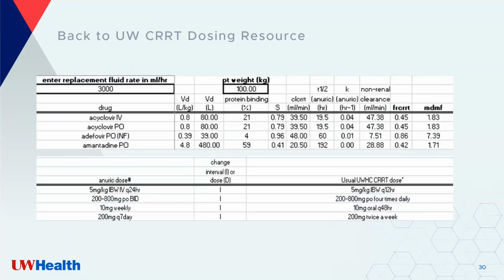This does have the different pharmacokinetic parameters and does calculate the usual CRRT dose that I did review the equations for. So as a review, all that you need to do in order to determine the CRRT dose would be to enter in the replacement fluid rate and then the patient weight as well.